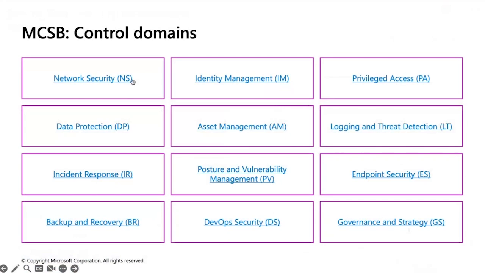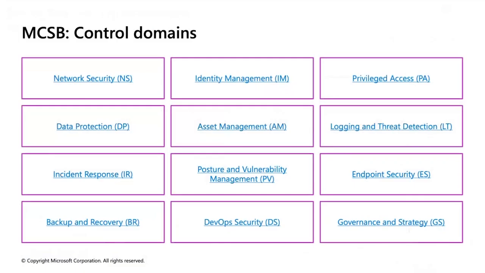We have short forms like NS, IM, PA, DP, AM, LT, IR, PV, ES, BR, DS, and GS. These are the control domains, and you get the recommendations under these categories.